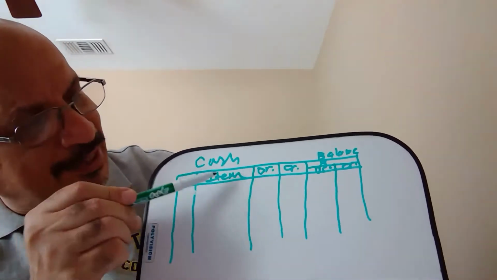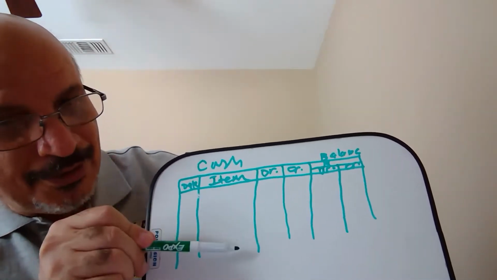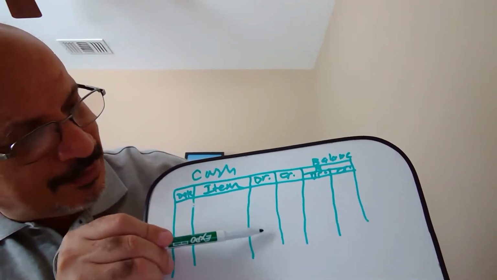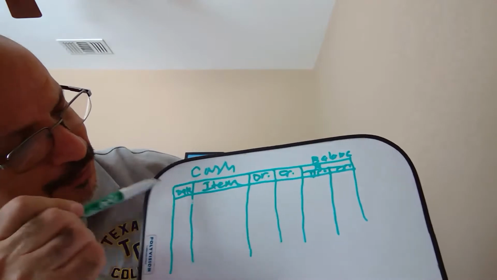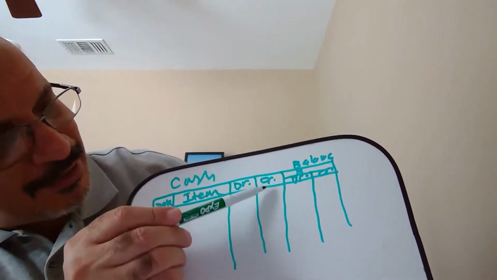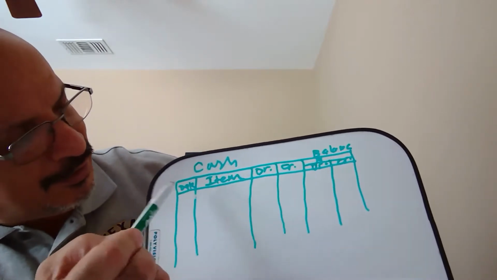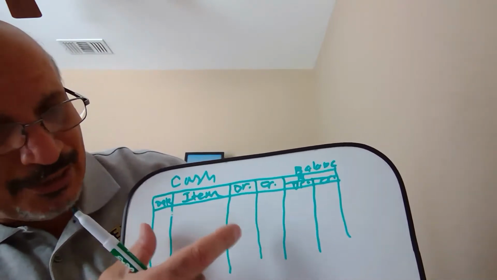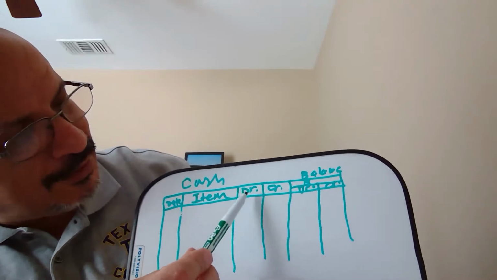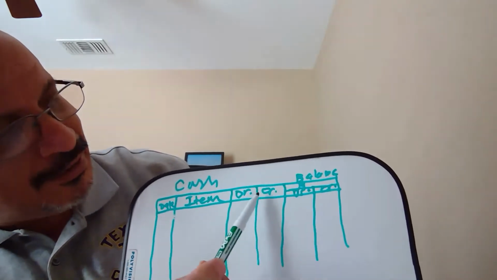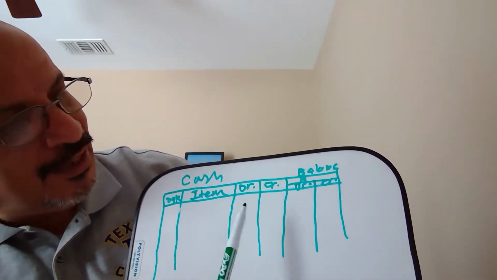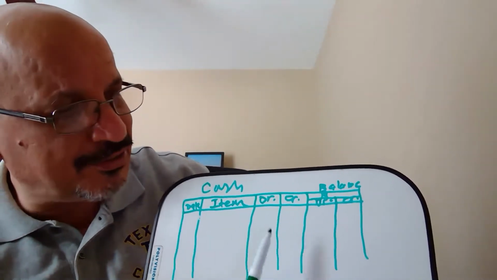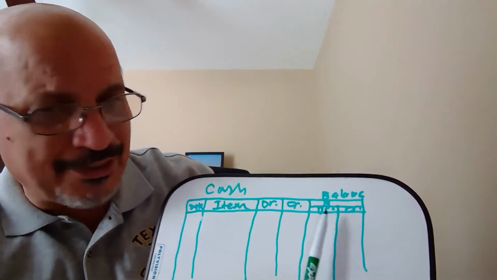The second column is an item. The third column is the debit column. The fourth column is credit. Make sure the item column is a little bit wide. Then debit, then credit. And the last 2 columns are for the balance.